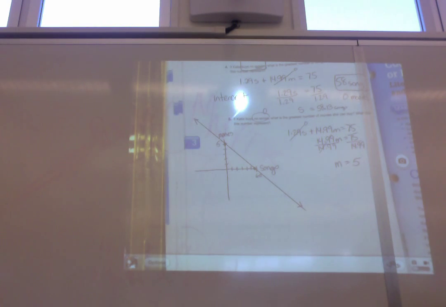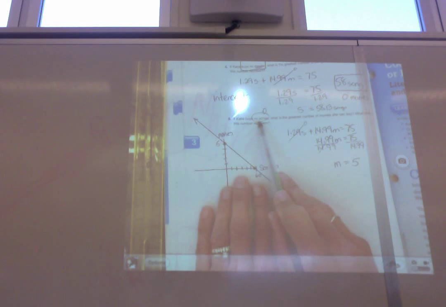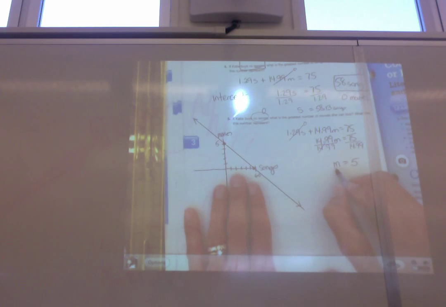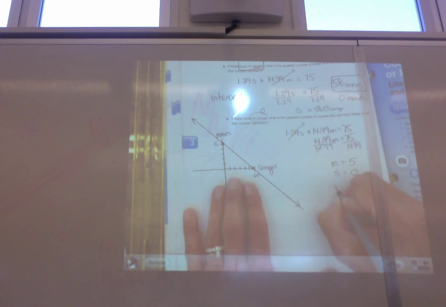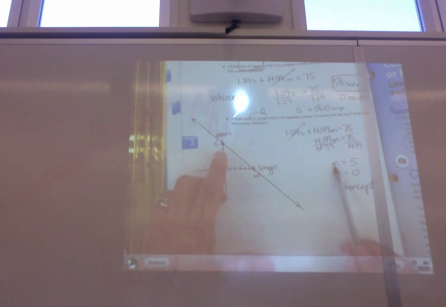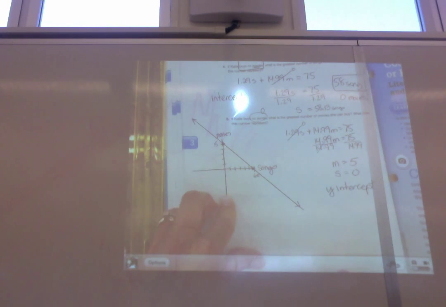Okay, so if Katie buys no songs, what's the greatest number of movies she can buy? What does this represent? This is movies 5, songs 0, and this is an intercept. In the way that we drew this graph, this is going to be the y-intercept, because we put movies on the y-axis.